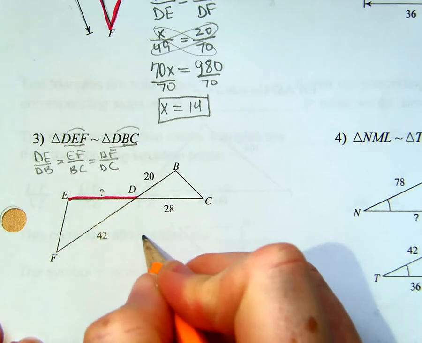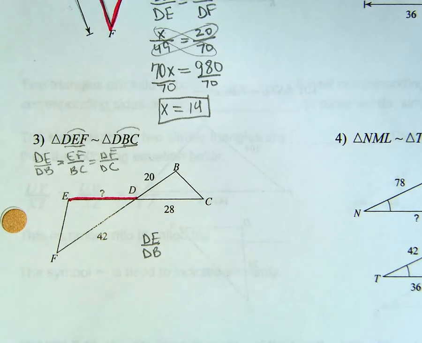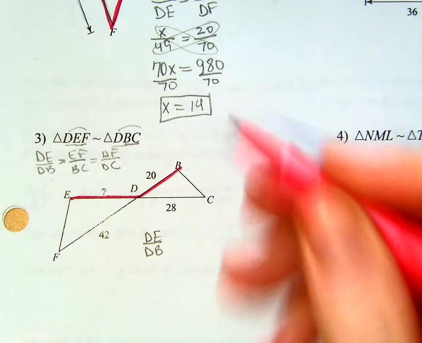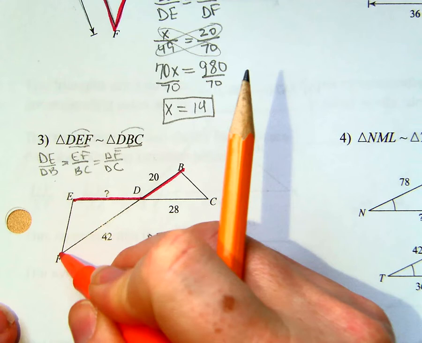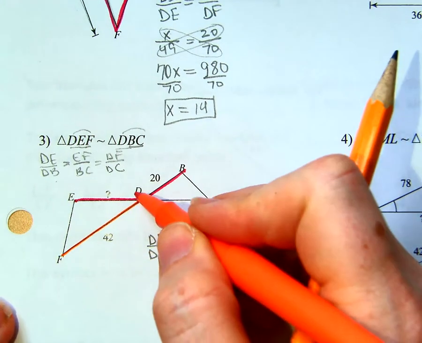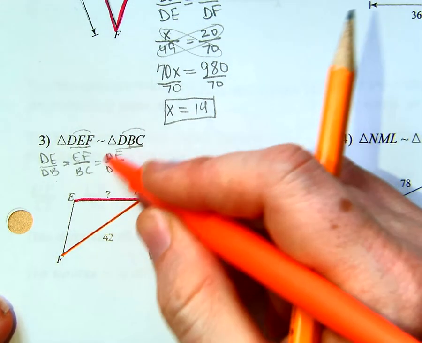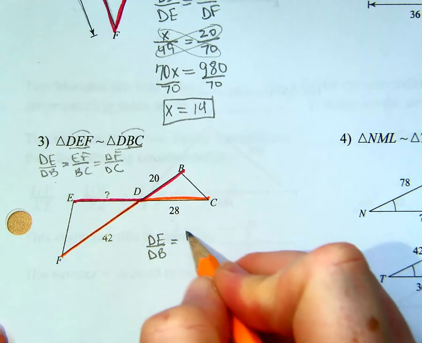So I would say DE is to DB, this guy is to this guy. And then I'm going to use what's given. So I've got FD or DF, which looks like this last one, is to DC. So DF is to DC. So these have to be equal to each other.